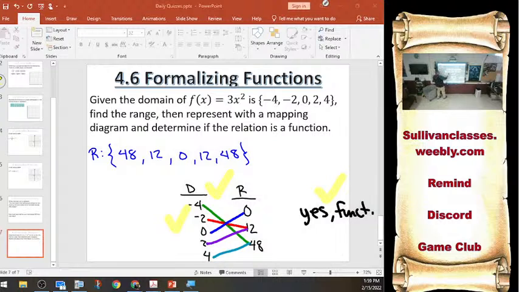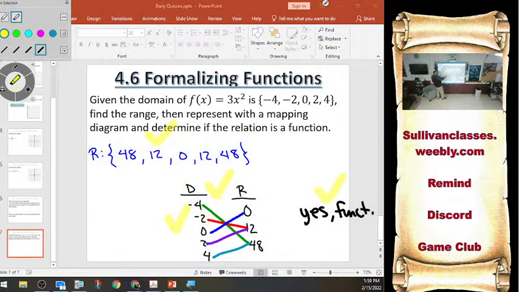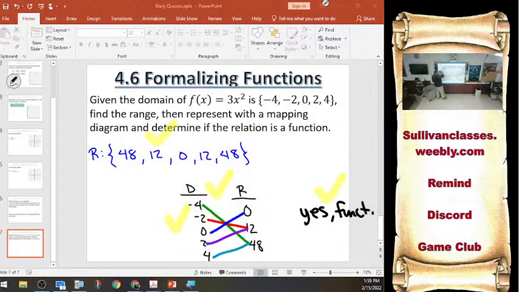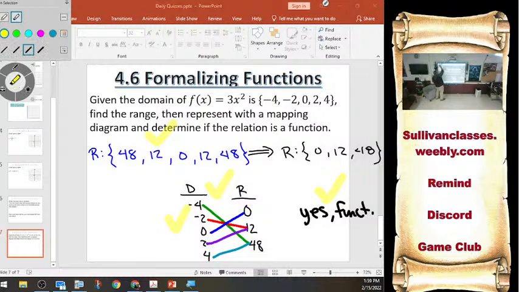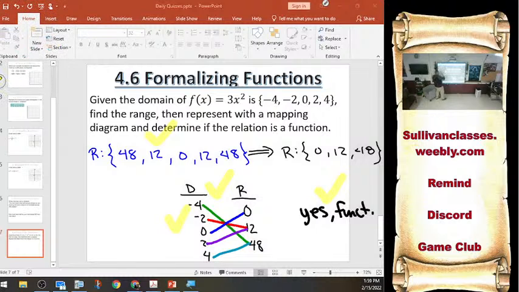Did we have the correct values for the range? And then, this is not the right answer. Did we say that my range was 0, 12, 48? Nothing else, because you're not supposed to repeat it. Remember, I don't say Dominic twice.